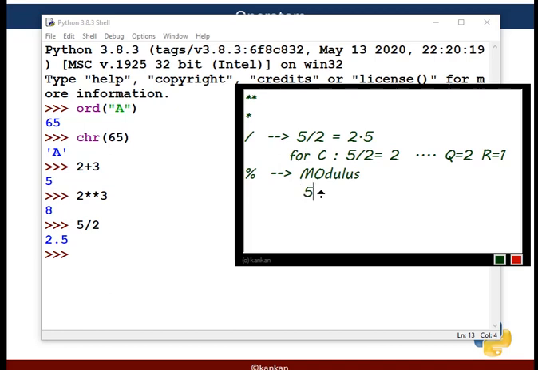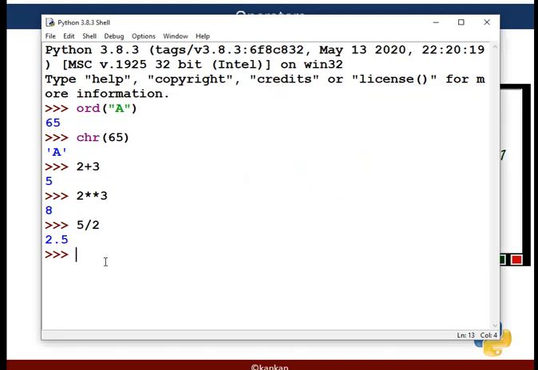Now if you write 5 modulo 2, we will not spell it out as percentage, we will say modulo, technically in Python. 5 modulo 2 equals what? What will be the value? 1. Correct, your answer is 1. So this is the modulo operator. Now try it first: 5 modulo 2 is 1.